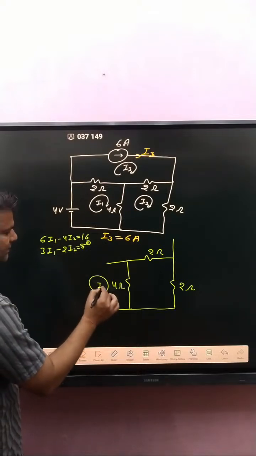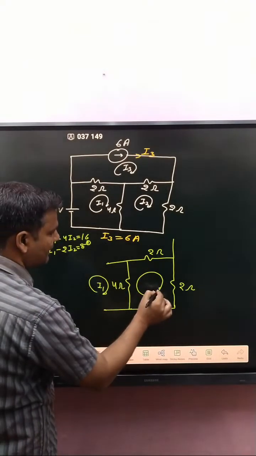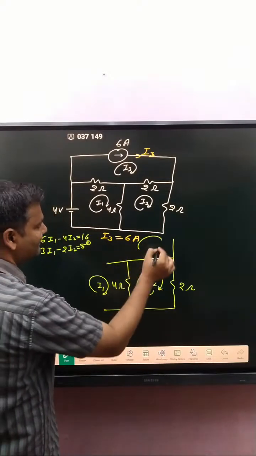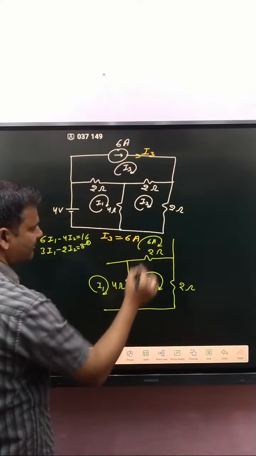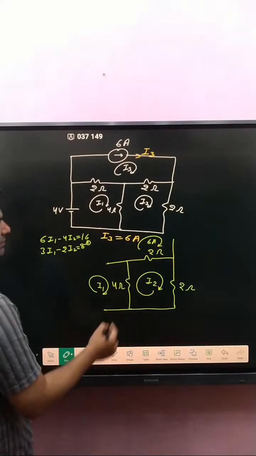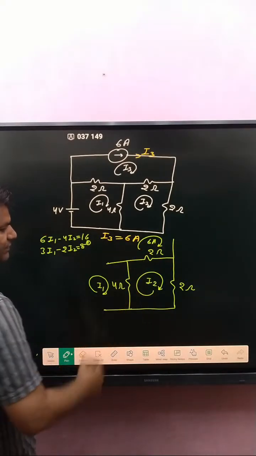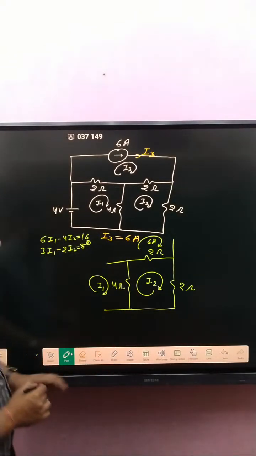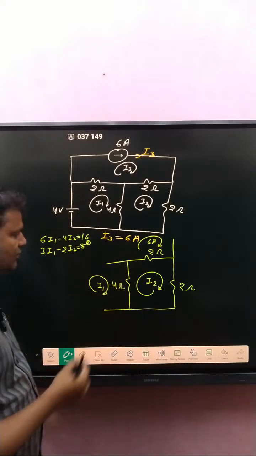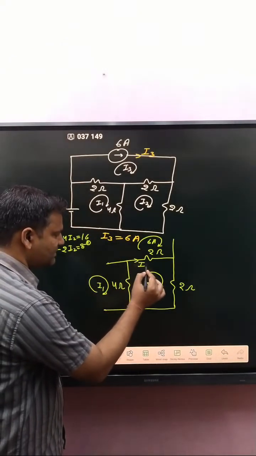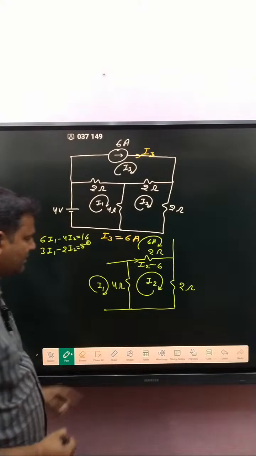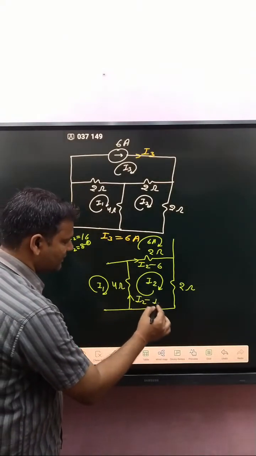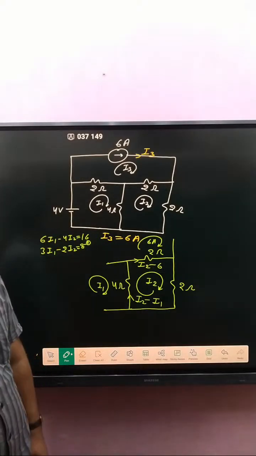Here I1 current, here I2 current, and here I3. I3 is basically 6 ampere. I2 is greater than this one and this one. So in this branch, I2 minus 6 ampere, and in this branch, I2 minus I1 simply.